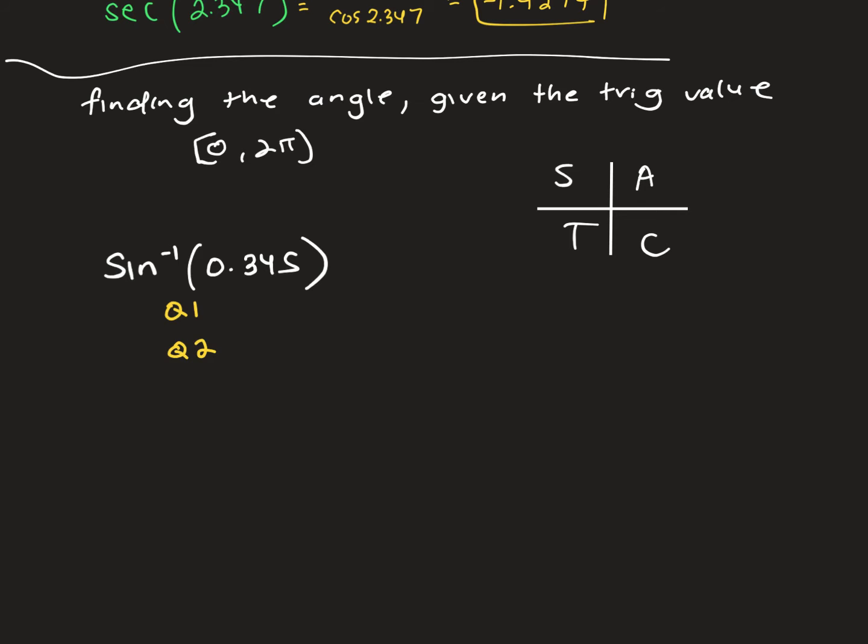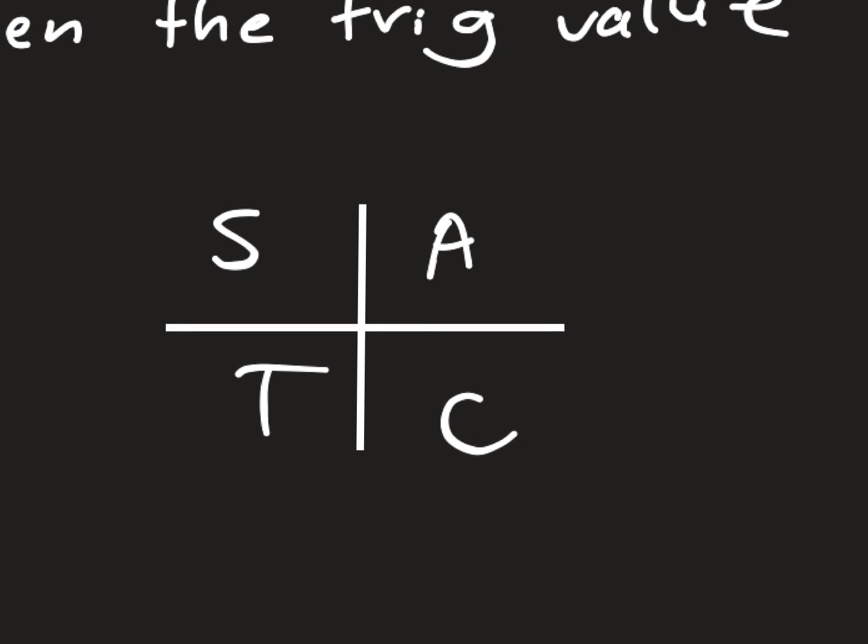So that's what the negative 1 on the exponent means. The answer is going to be different if it was negative 0.345.